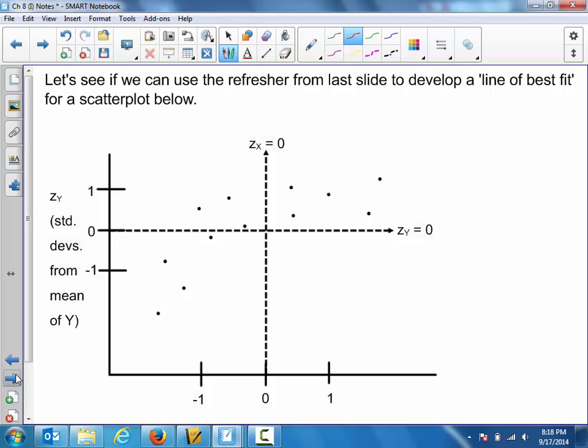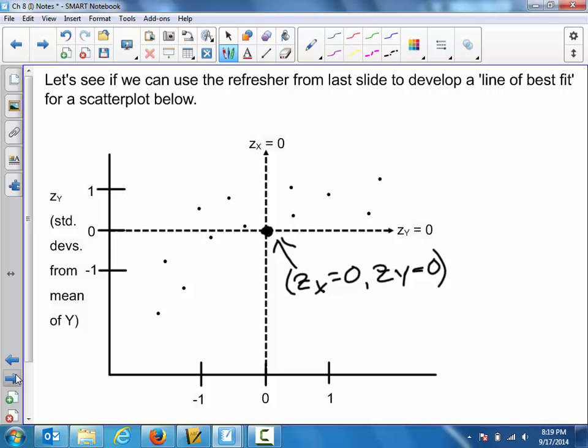Okay? So our line, let me go to black for this. Our line that we're building here runs through this very important point right here. And that very important point is where the z-scores in x are equal to 0 and the z-scores in y are equal to 0.